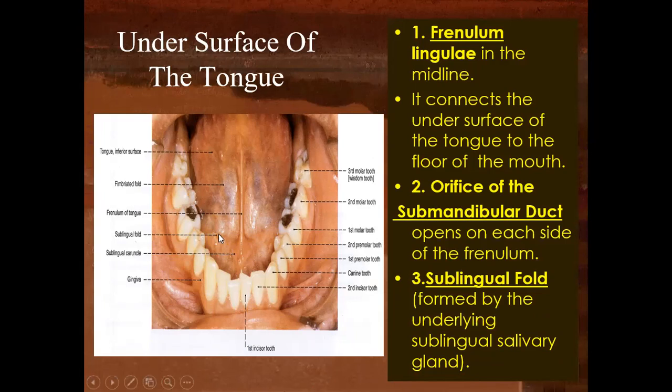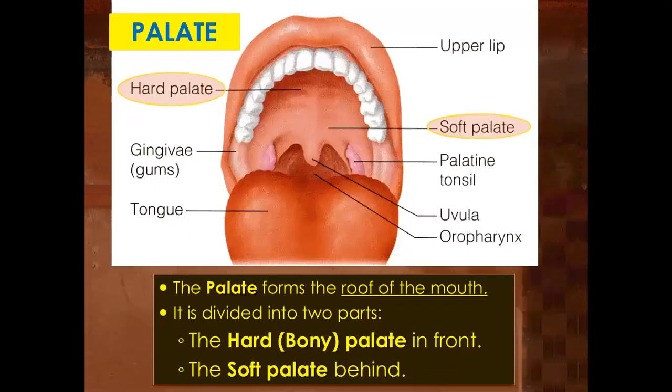Underneath the sublingual fold is the very small sublingual gland. So all this can be seen: the frenulum, the openings of the submandibular ducts on either side, and the sublingual gland itself, which is elevated and lies under the surface of this mucosa.